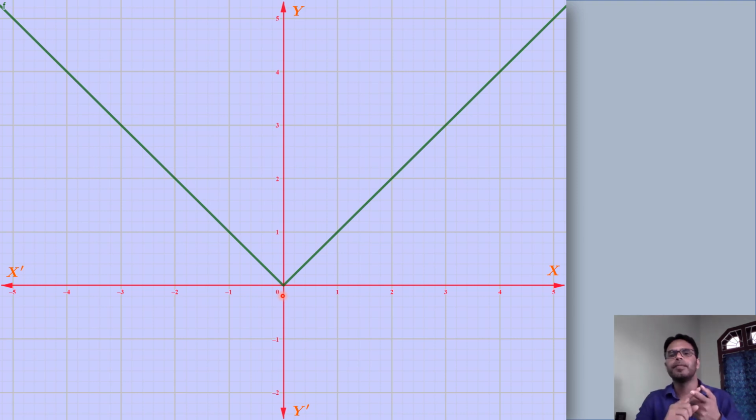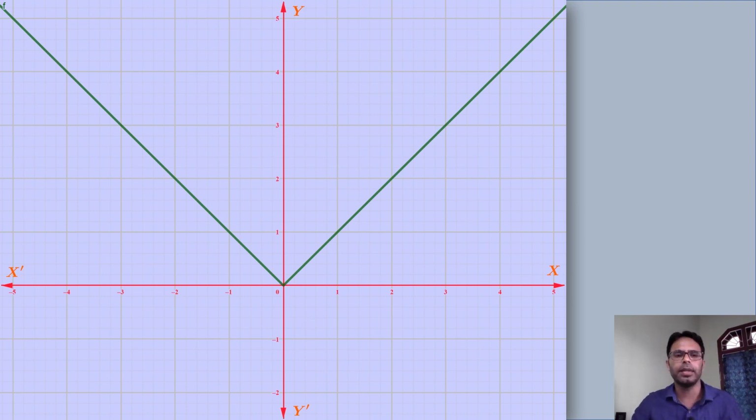If a sharp turn is present, then the point vertically below the sharp point on the x-axis is the point of non-differentiability. So here the sharp point is at 0, so it is not differentiable, though it may be continuous.